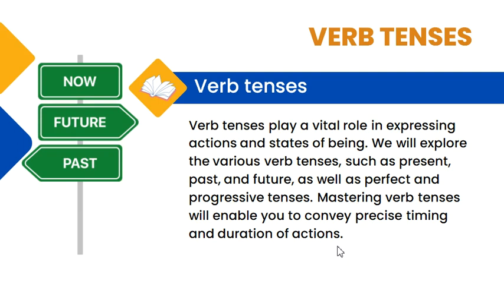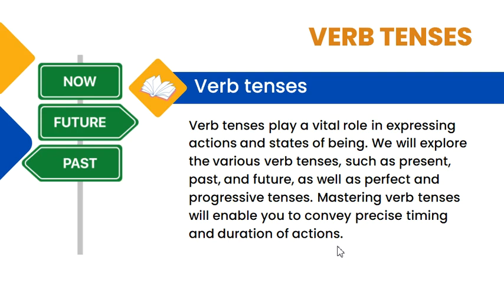So the verb is a central part of our grammar. That's why we have to give plenty of time to study verb tenses. Today we'll be studying verb tenses so that it can help you to improve your communication skills. What are verbs? Let's start by defining verbs and verb tenses. We already defined verbs.